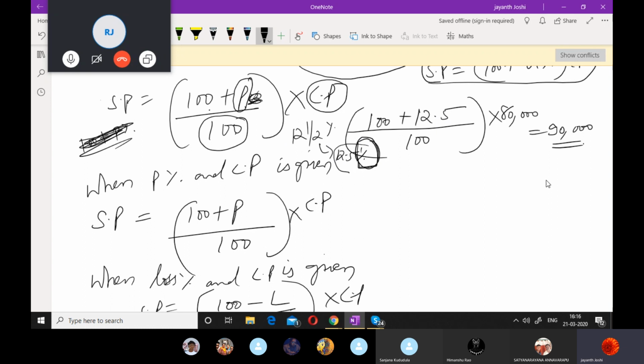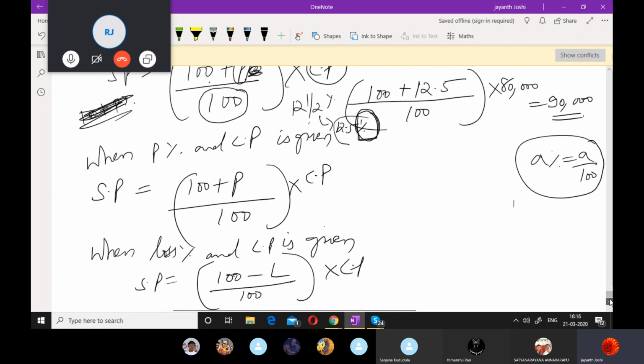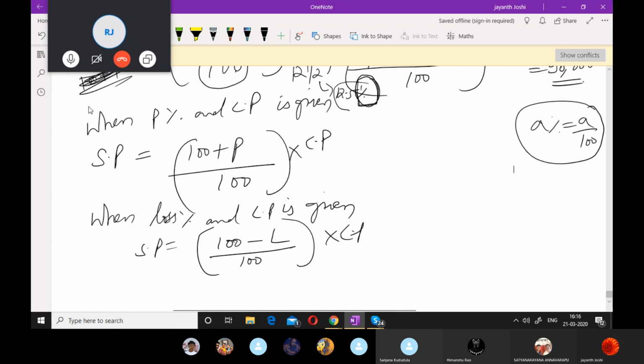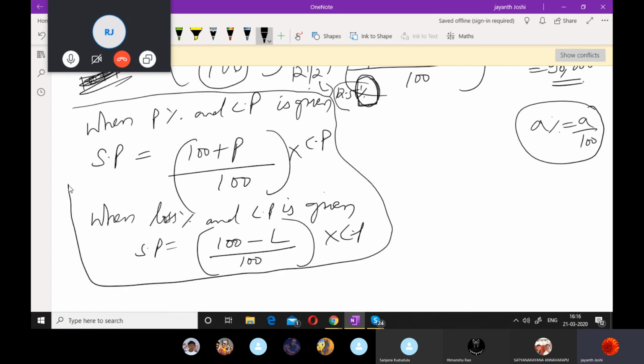A percent means a by 100. So you should not get confused. Since you should not get confused, I am giving you these two refined formulas. Whenever the percentage is given, you remove the percentage and directly take the value given.